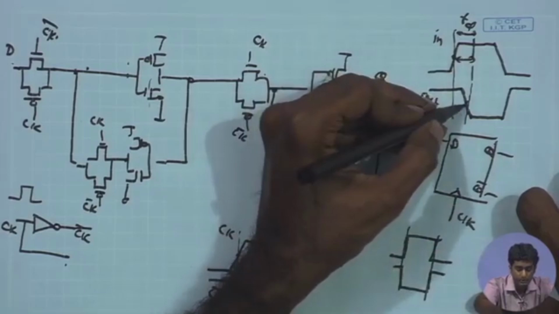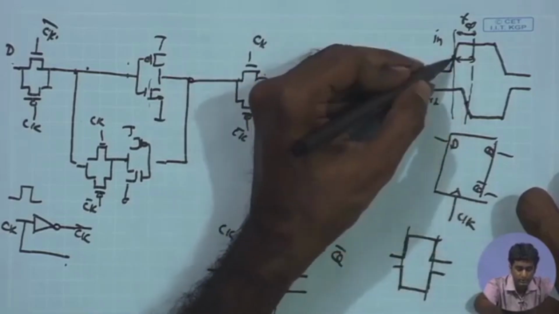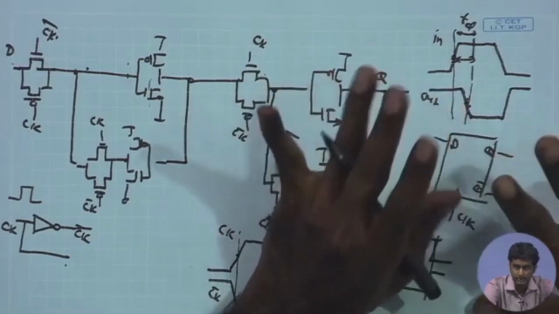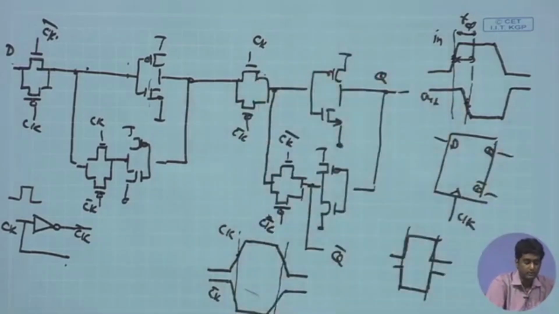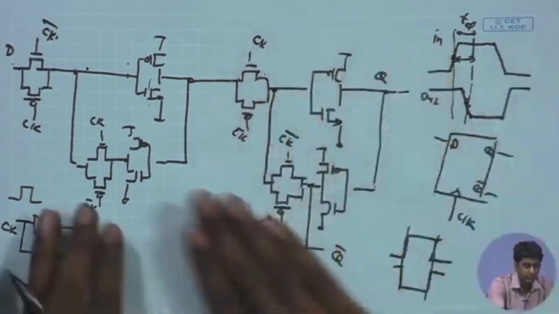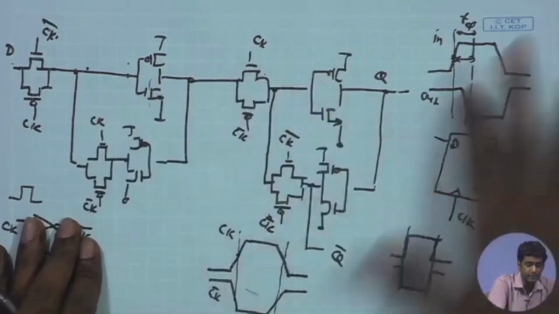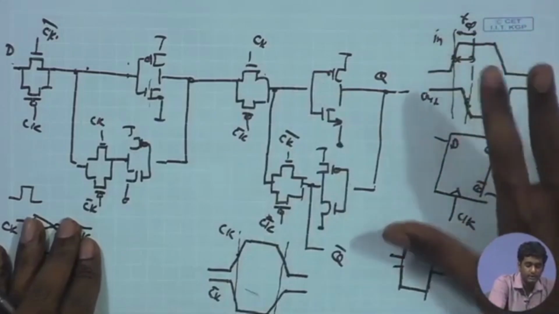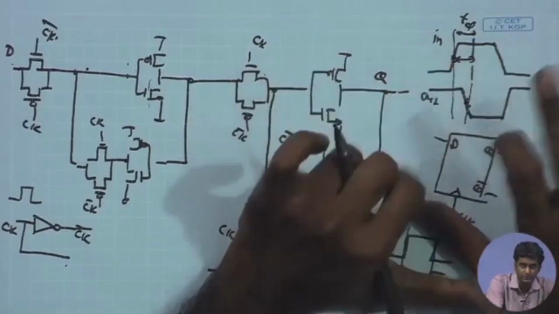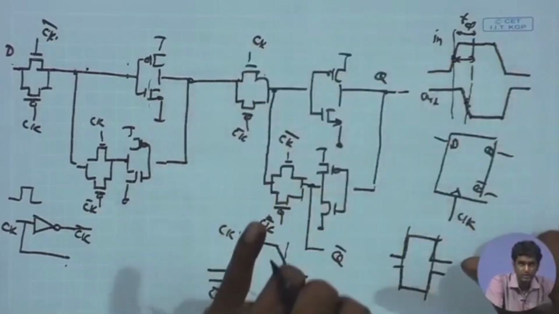And in order to characterize the delay, we have to look at the difference between the midpoints, and that is the way we define the delay of that inverter. So, in general, when we are looking at the characterization of these flip flops, there also likewise we have to look at the transition points and the midpoints of these transition zones to characterize the delay.